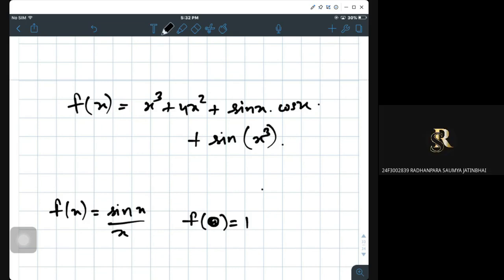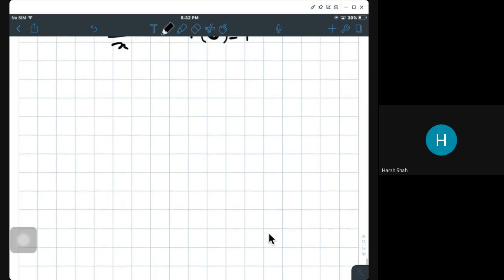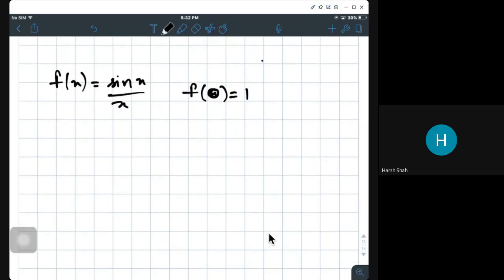Wait, wait, wait. You share the screen only. Okay, sure. For everyone, let me just show. Okay, piecewise function. Solve for differentiability.